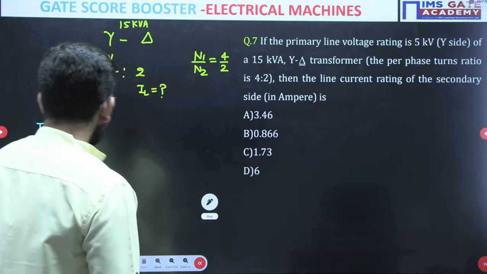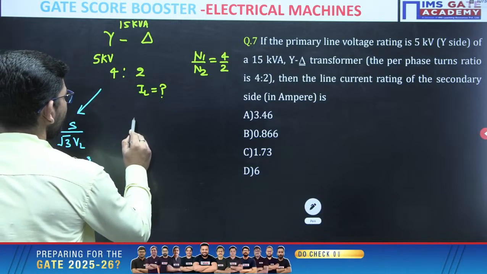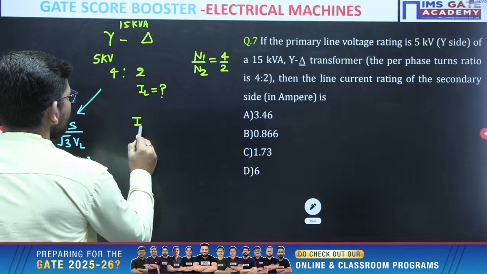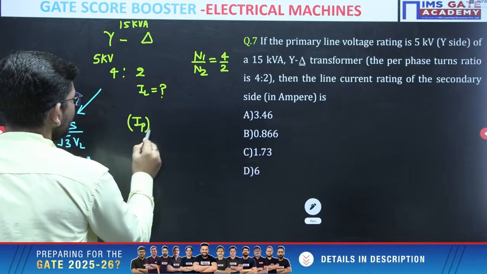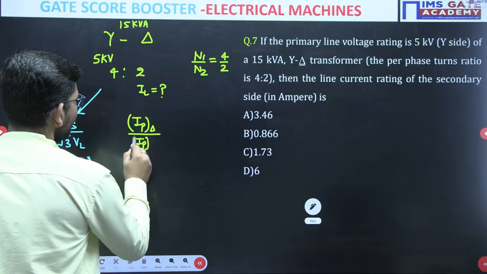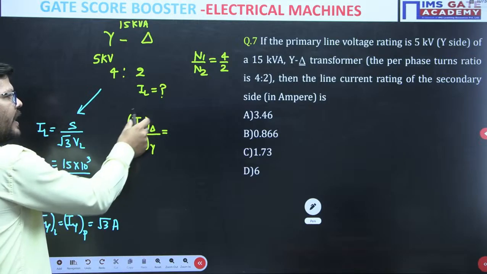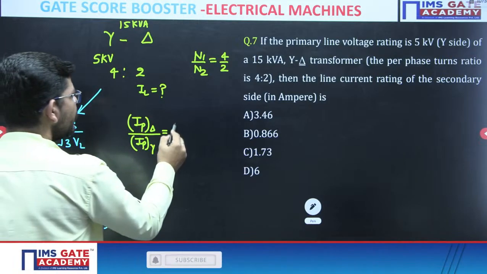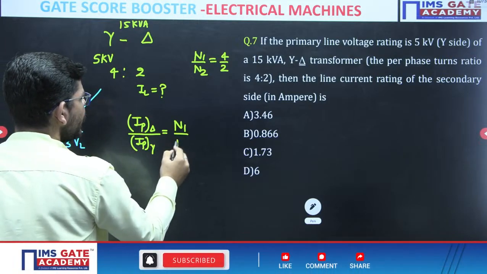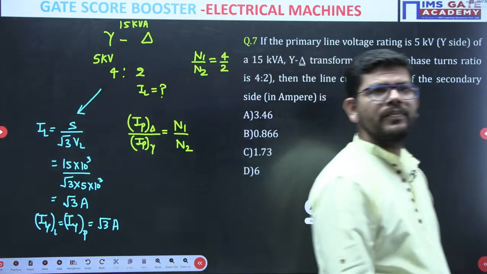Okay, now see, after that, if you apply the phase current on the delta side upon the phase current on the star side, the secondary to primary current ratio will be what? N1 upon N2, correct?